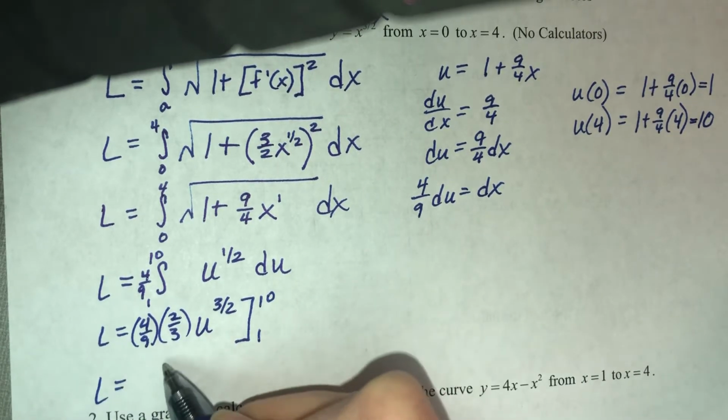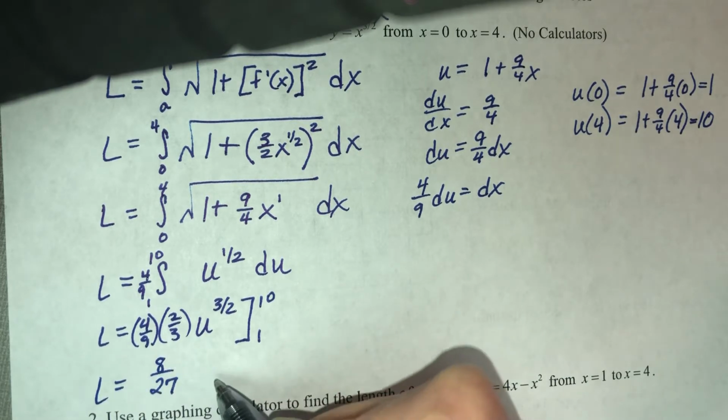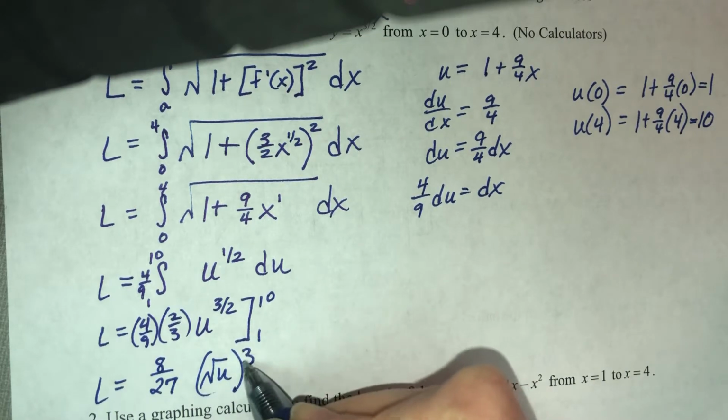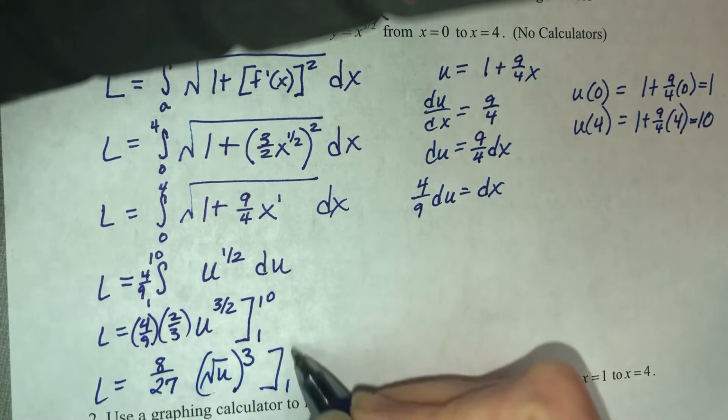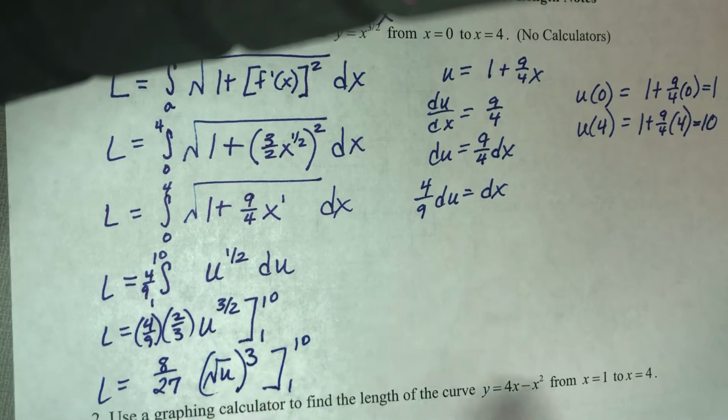So this is going to be 8 over 27. And then this is the same thing as the square root of u cubed. And we are going to evaluate that from 1 to 10. Remember that when we do a definite integral and we change the limits, we don't go back to x at all.